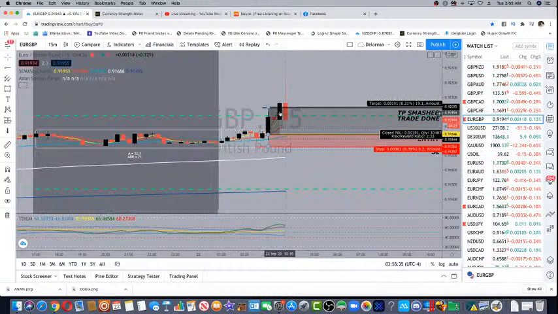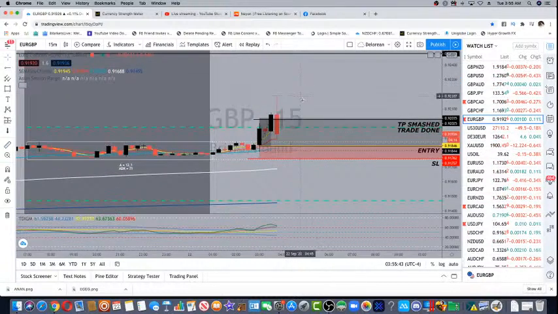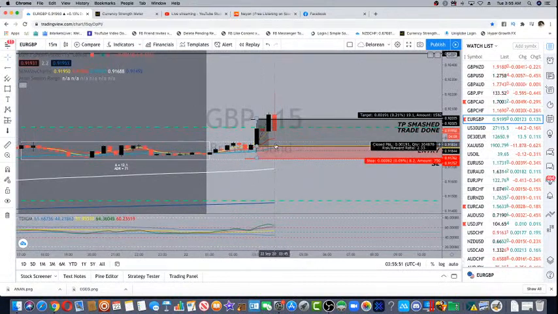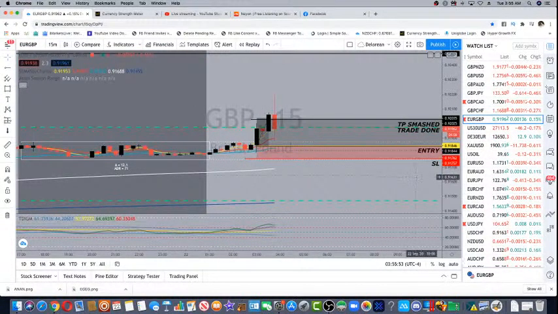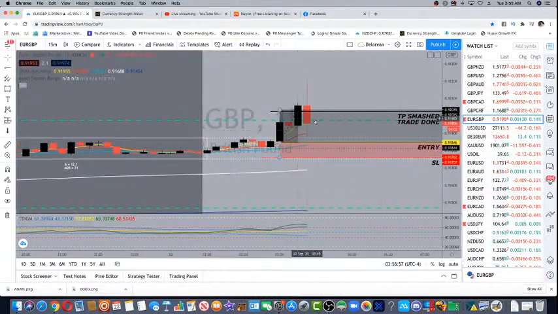Yes, it went up here. Yes, we could have got all these other pips, but what if you would have been like, oh, I want more? Eventually it can come up here, but you know it's going to pull back, and look what it did. It pulled all the way back down to entry. You'd have been shitty. It could actually start going back the other way, but it might give us another D-Lo and shoot up.